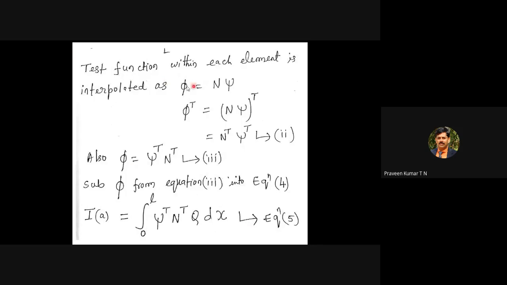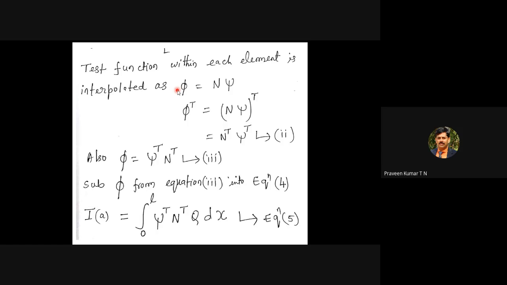So now you are writing xi is equal to N xi. Imagine we are familiar with the heat element. At node 1 temperature is T1, at node 2 temperature is T2. Once you know the temperature at nodal points T1 and T2, by using the interpolation function, we can find the temperature at any point within the element.